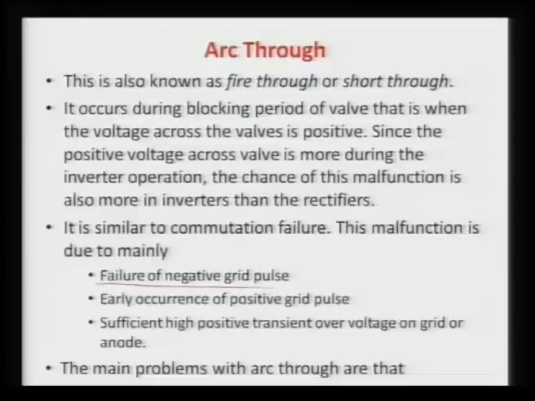So, normally we provide the negative gate pulse when valves are not in the conducting phase. Another cause is early occurrence of the positive grid pulse. Let us suppose you are giving a pulse every 60 degrees, but due to some reason your pulse generator circuit is giving a pulse earlier than this, it will conduct because the voltage is positive.